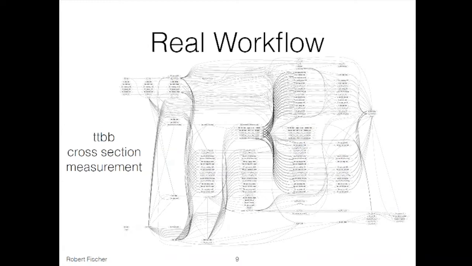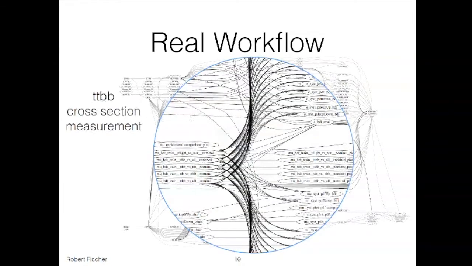And because it's so tiny, I'll just zoom in so you get an idea. For example, here I have some boosted decision tree training steps, and then the weights which are produced here are used, for example, for systematics evaluation in an electron and a muon channel.